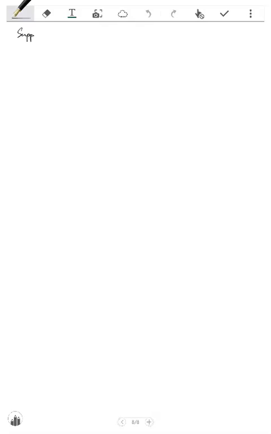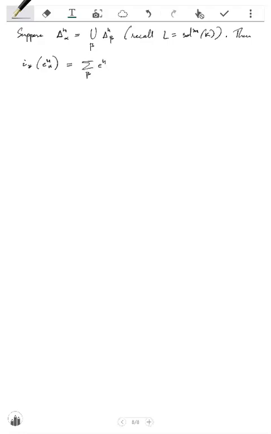Suppose delta n alpha gets subdivided as a union of delta n betas. So recall that L is the mth subdivision of K. Then I lower star of En alpha, so En alpha is the basis element corresponding to delta n alpha, is, one easily checks, summation En betas.